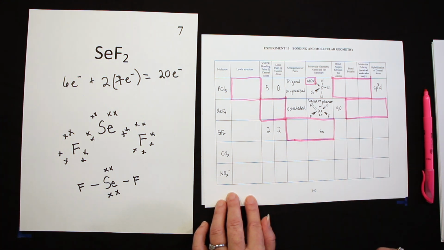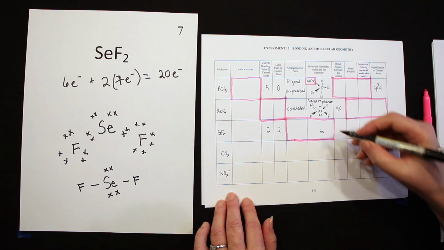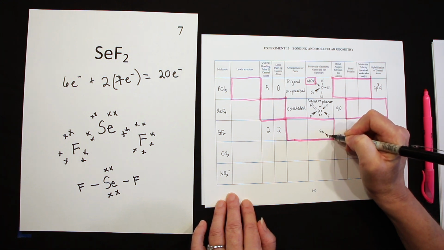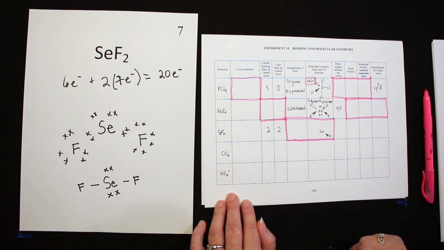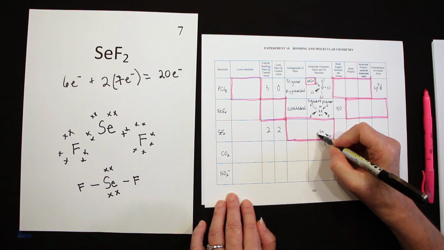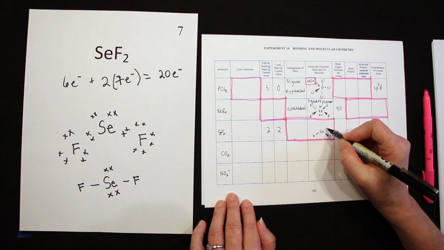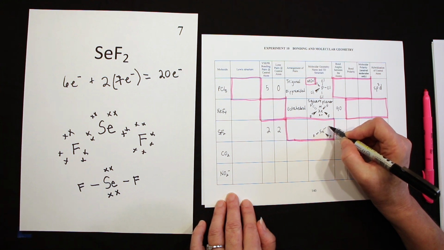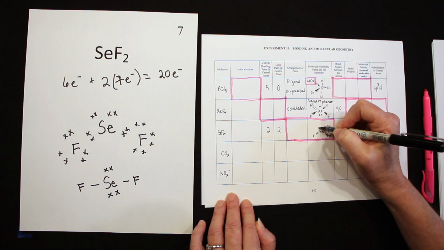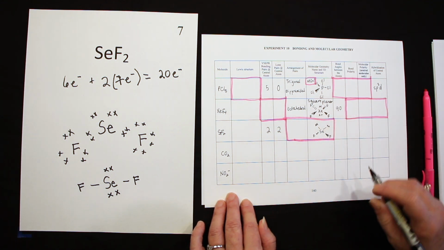You've got selenium in the middle, you've got 1 fluorine coming out of the page, 1 fluorine going back into the page. And we've got a lone pair going back into the page and 1 in the plane of the paper.